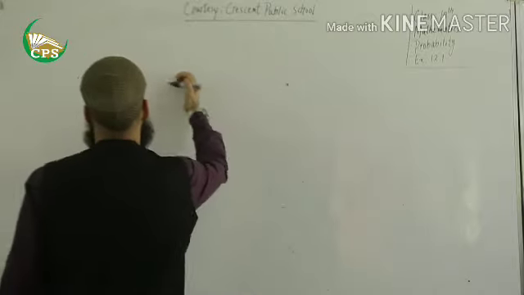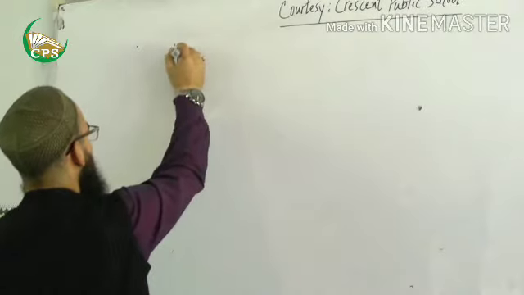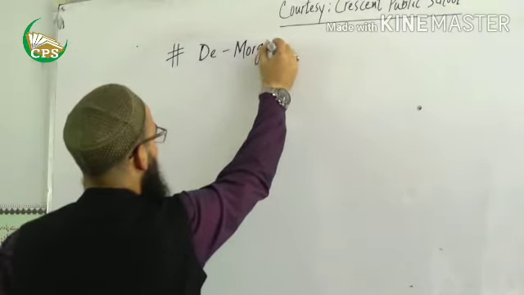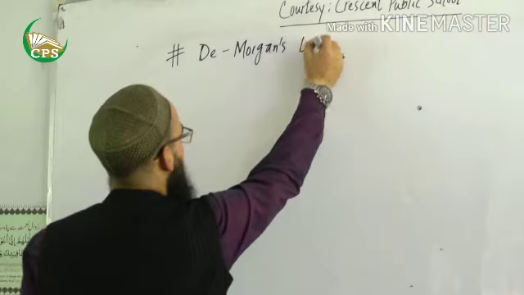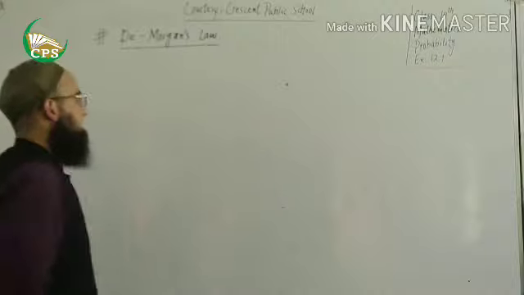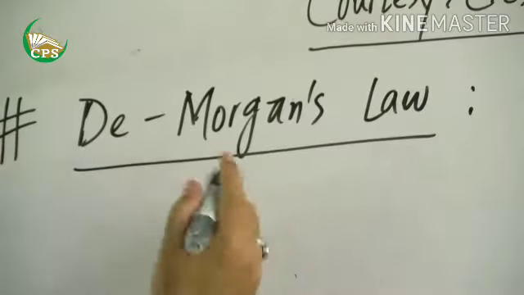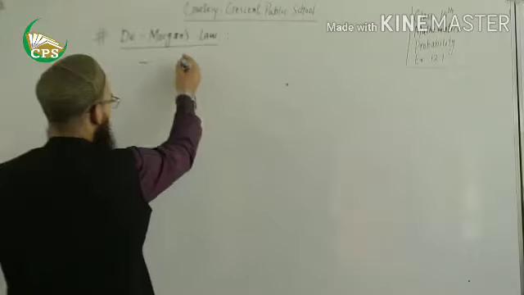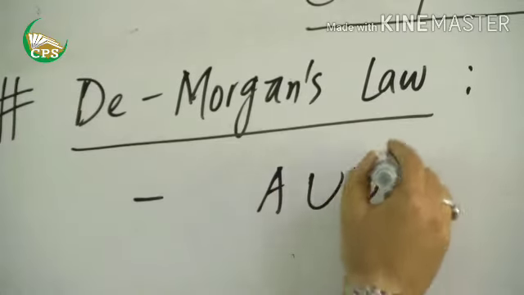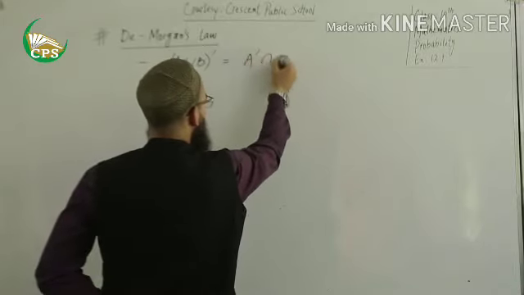Let us understand one more law, that is called De Morgan's law. De Morgan's law says that it is in two forms. Number one, A union B whole complement will always be equal to A complement intersection B complement.